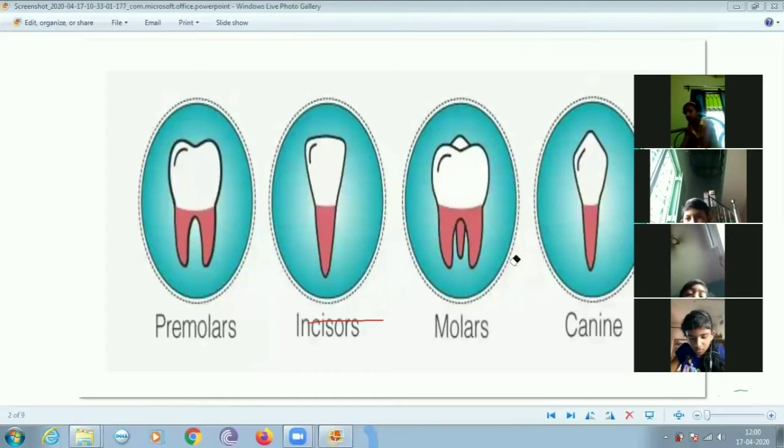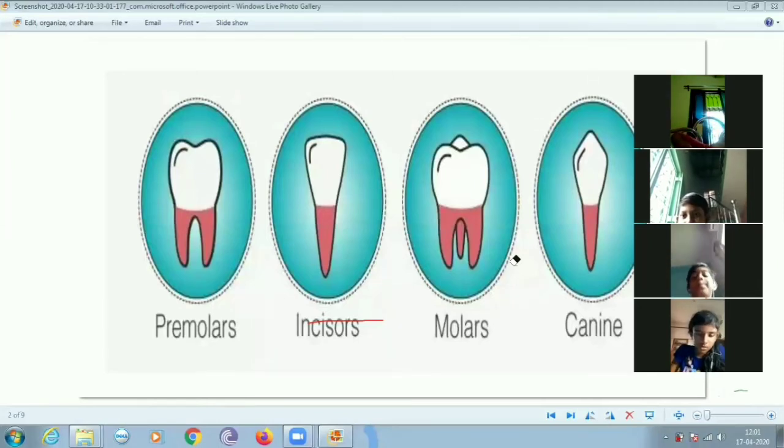So 2 canines are there in our upper jaw, and on each side of the canines there are 2 premolars. So we have a total of 4 premolars in our upper jaw, and on each side of the premolars there are 3 molars. That means 3 plus 3, a total of 6 molars in our upper jaw.